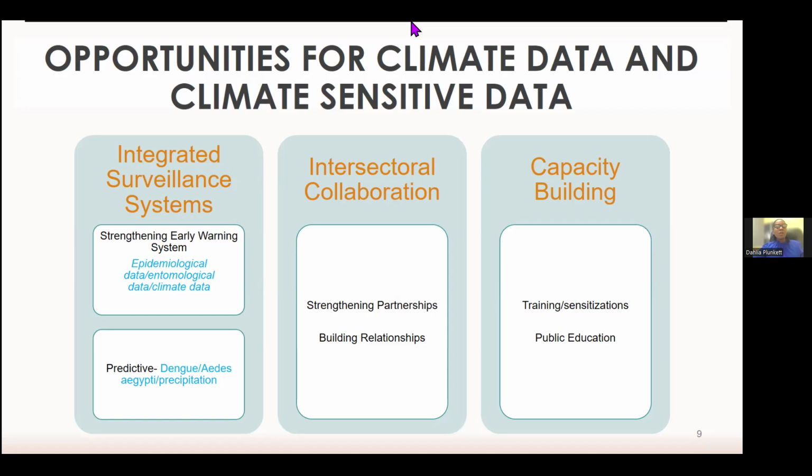In terms of strengthening our early warning systems, there is an area of improving the integration between our epidemiological data, entomological data and climate data. In other words, our dengue data versus our Aedes data versus precipitation, temperature or drought data.